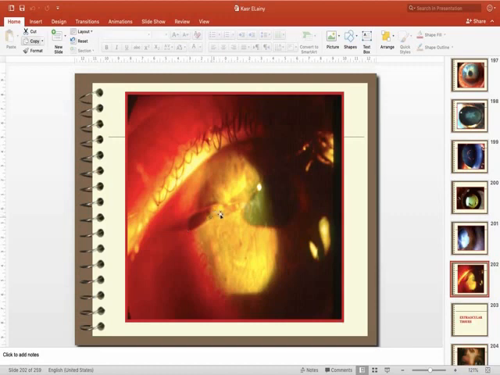So this is called the ruptured globe, where you find full thickness laceration of the cornea, and this patient is in danger of developing endophthalmitis.